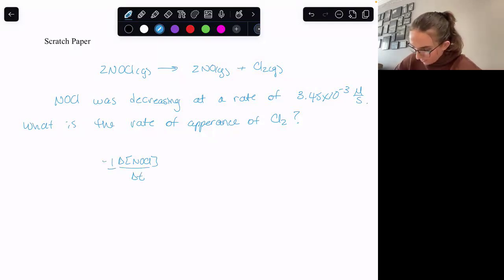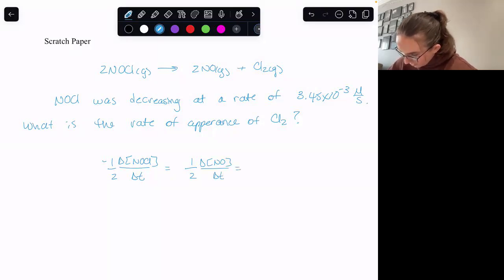We need to have a 1/2 here, which means that the change in concentration of NO gas over time is equal to this, which is equal to the change in concentration of Cl2 over time.